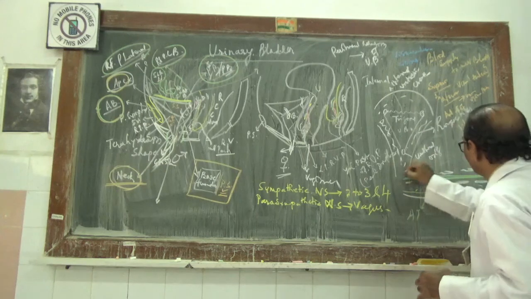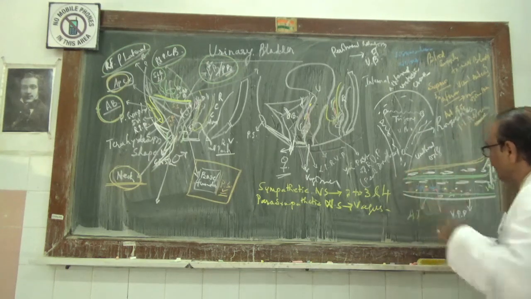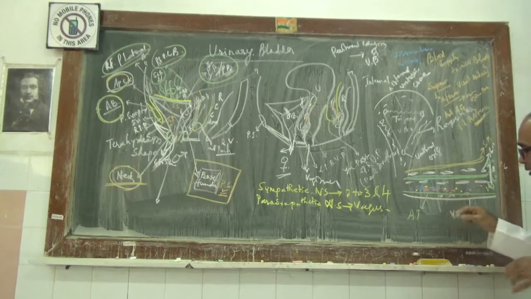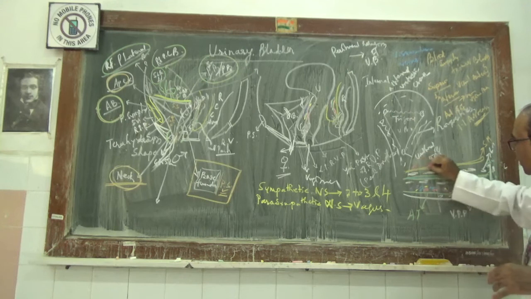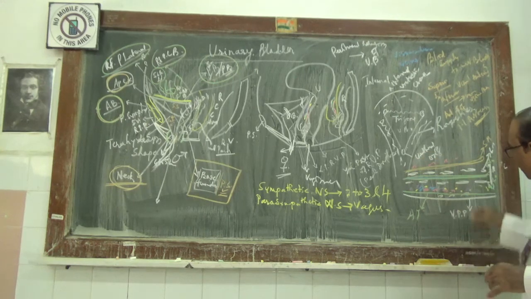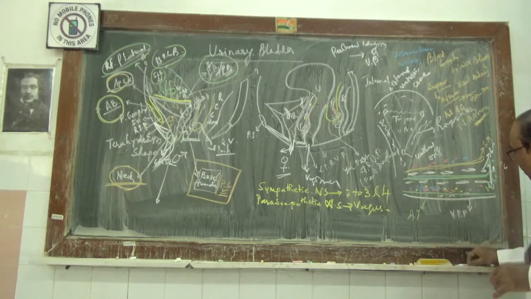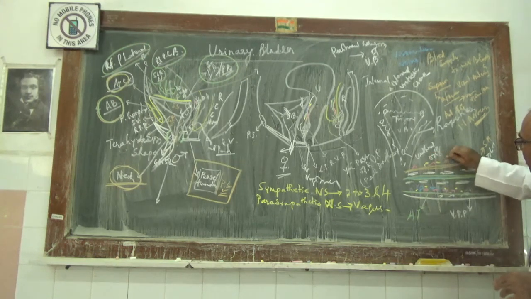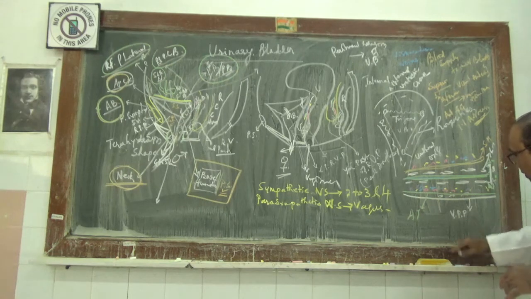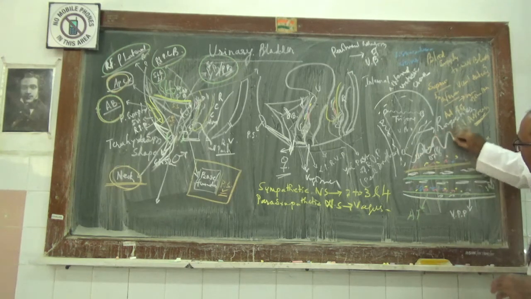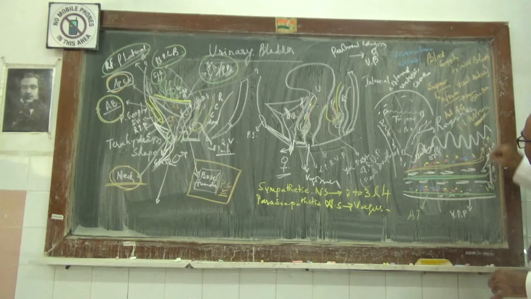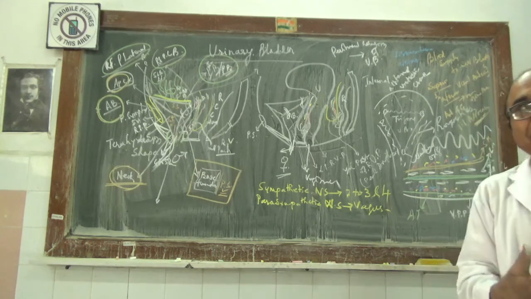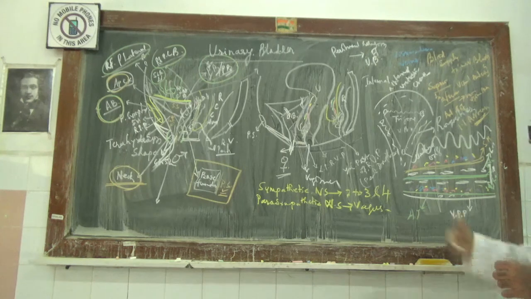Then you get one more layer, the submucous. It contains arterioles, venules, lymph vessels, and the continued part of the nerve. Then you have the mucosal folds. Mucosal folds are many; they are thrown into a number of folds.